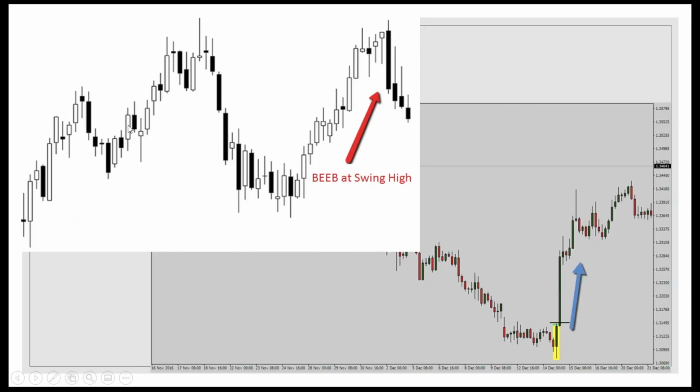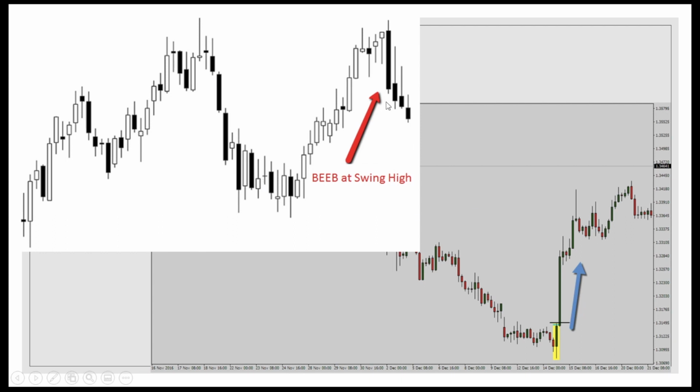If you see over here, there is an engulfing bar which pushed the price higher, and it continued higher. Whenever we see an engulfing bar which engulfed 1, 2, 3, 4, 5 previous candles, this is called a very strong engulfing bar, and it was from a resistance level from where the price previously pushed lower as well.